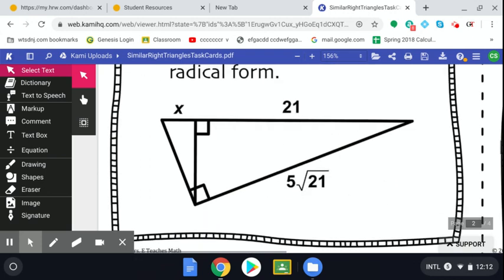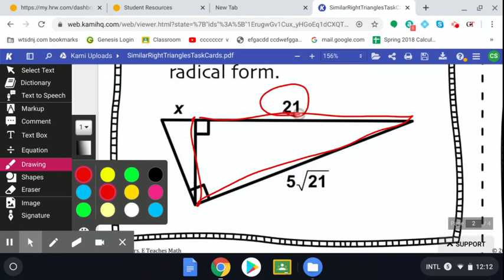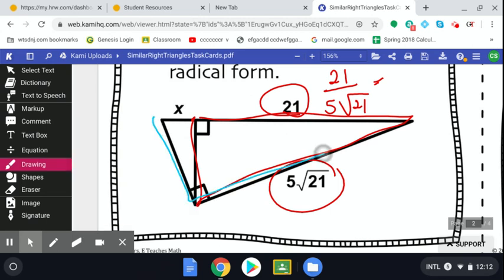Number 7, I'm going to try to do this one without splitting up the 3 triangles. So I can see that the little triangle is not offering much information for me. But for this one, I have longer leg over hypotenuse has to be equal to, now I'm going to use the outside, longer leg over hypotenuse.